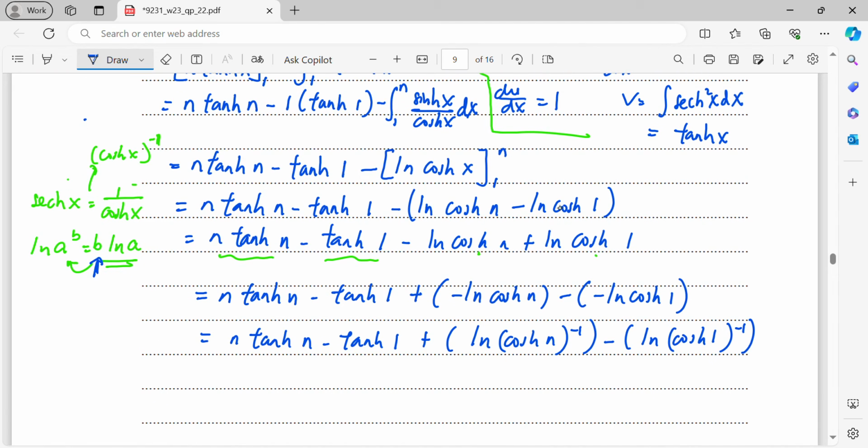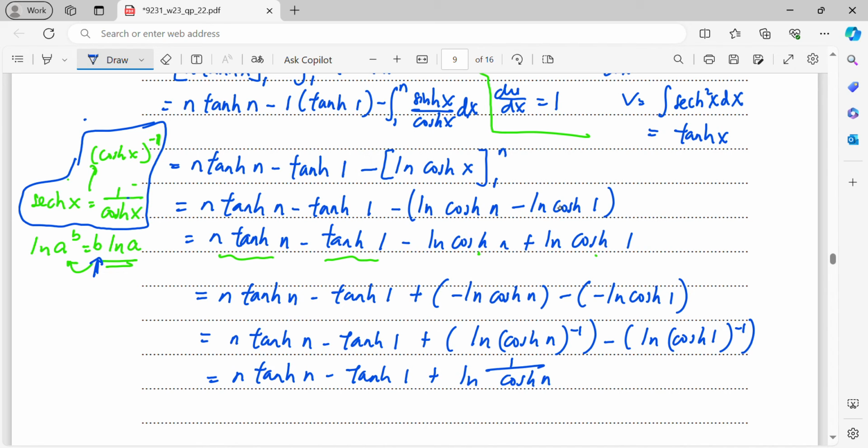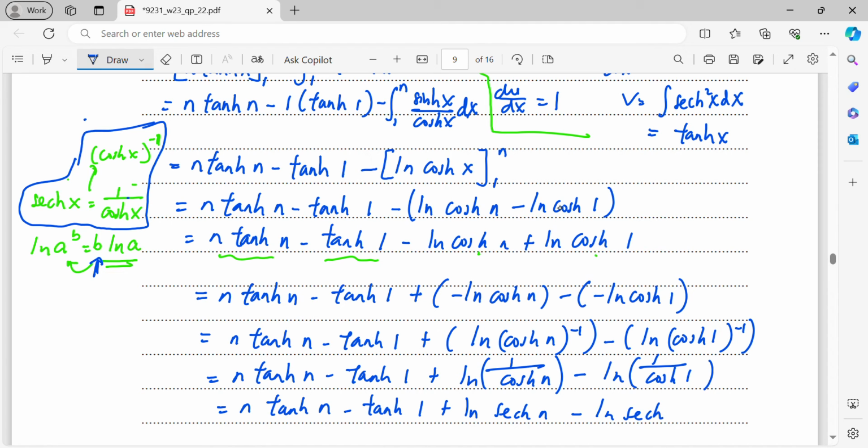Okay, and then apply this. Ln cos power negative 1 is 1 over cos. Then here I will write minus ln 1 over cos 1. Then now n hyperbolic tangent n minus hyperbolic tangent 1 plus ln, okay, 1 over cos n, that is hyperbolic secant n, minus ln 1 over cos 1, that is hyperbolic secant 1.